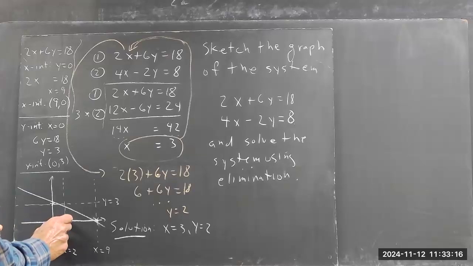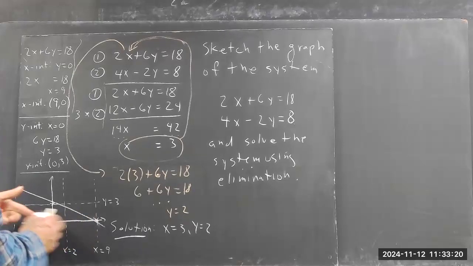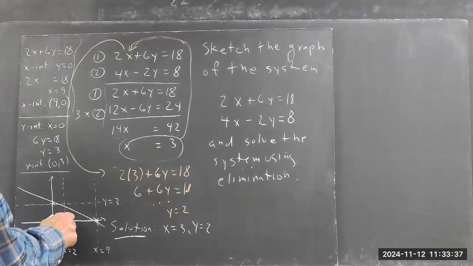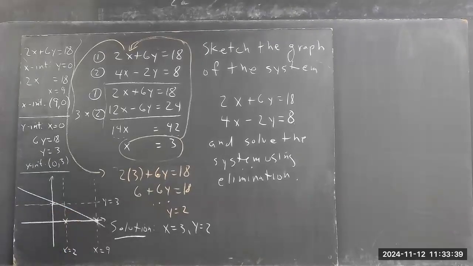And I think I'm a little too far to the right. 1, 2, 3 of those only make 6. So x equals 2 should be a little further to the left, but this is a hand sketch graph. And I don't want to be too accurate because I want to demonstrate that it doesn't always work out exactly if you do a hand sketch graph. Okay, so anyhow, that's going to be the x-intercept here.